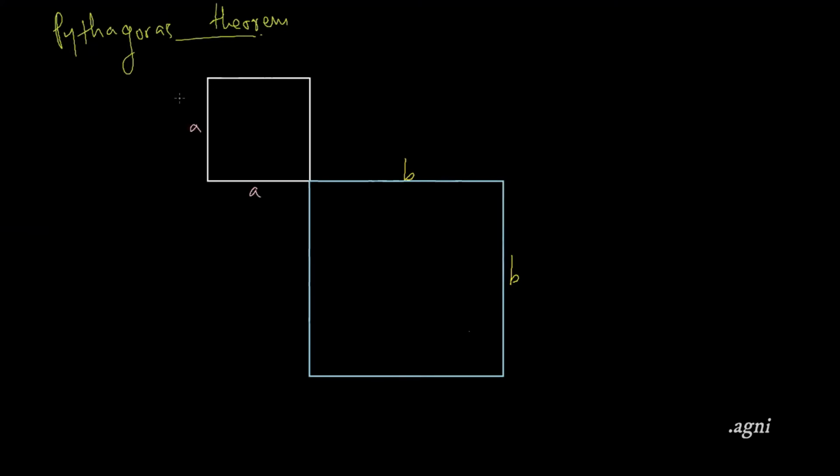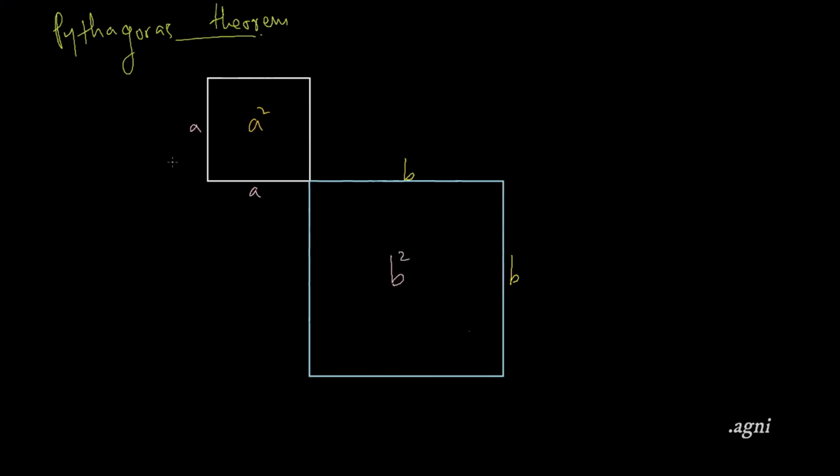It doesn't have any thickness, so this is just a flat surface, if you look from the top view. The space inside the two-dimensional shape is what we call the area. The area of this square is A into A, that is A squared, and this is B squared.